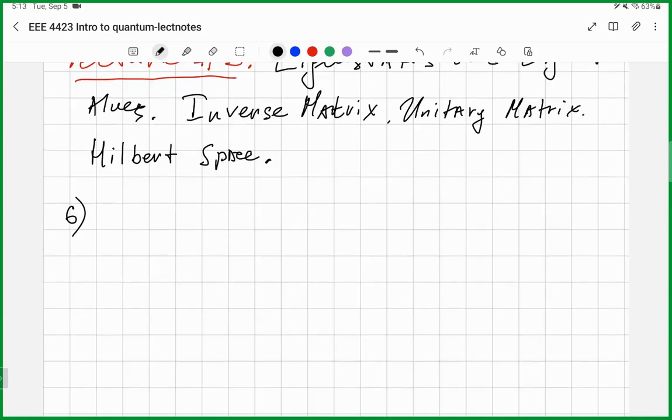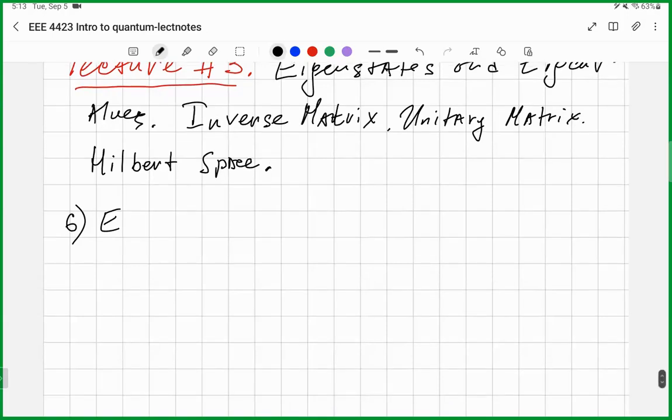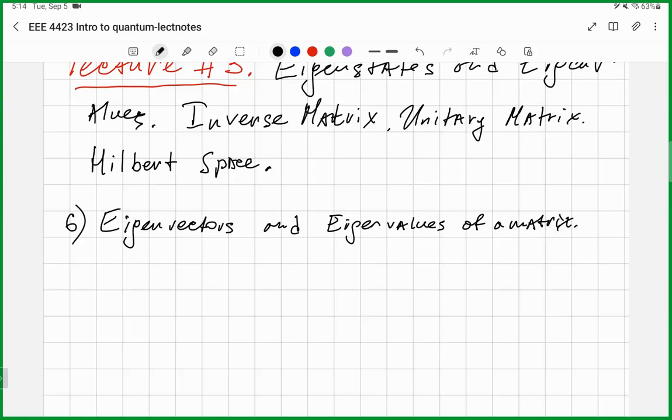And this item number 6 is eigenstates and eigenvalues, eigenstates or eigenvectors. Let's write this: eigenvectors and eigenvalues of a matrix.